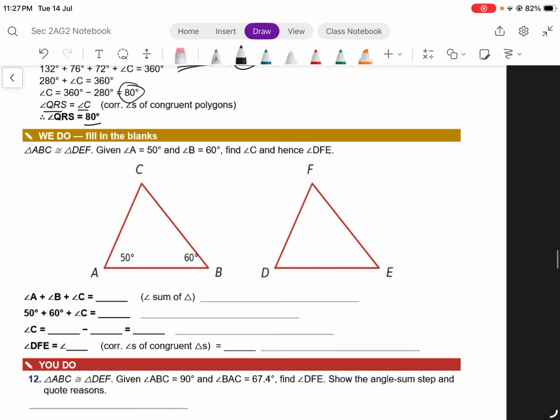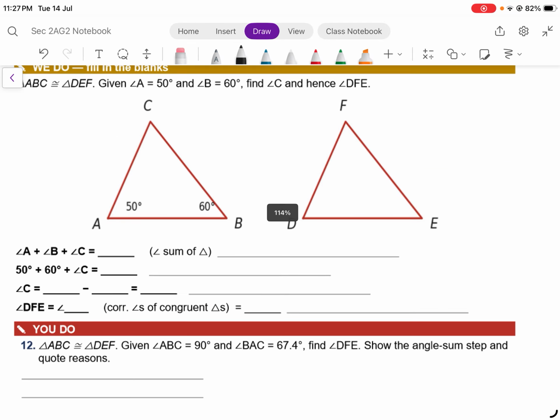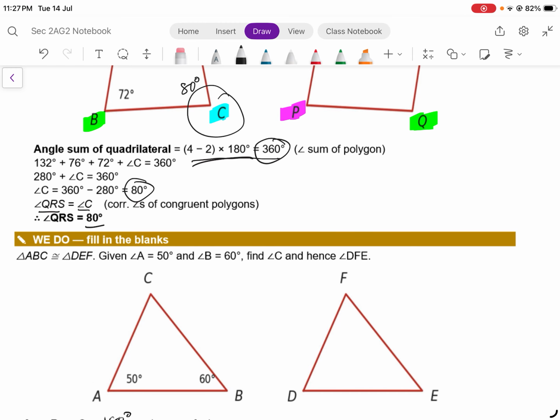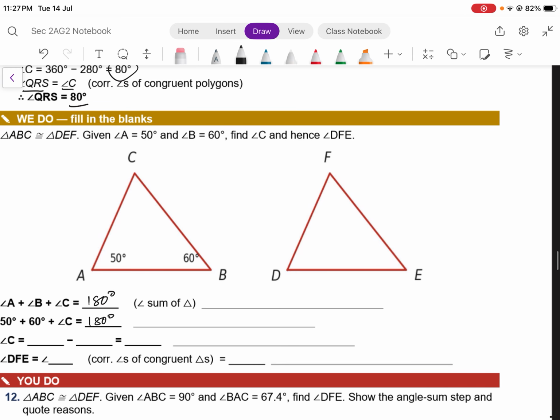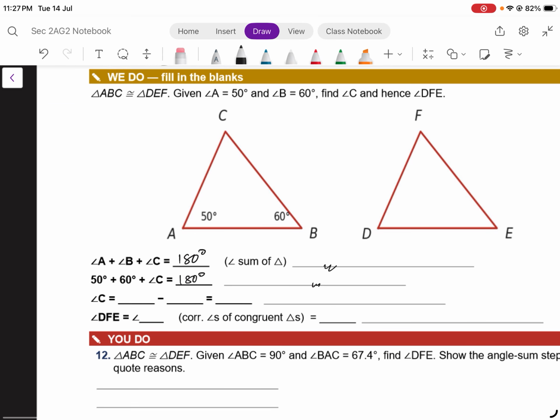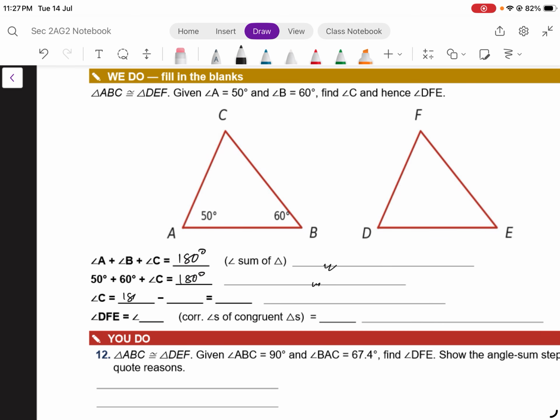Okay, next one. So same thing, sum of angles in triangle ABC equals 180 degrees. We know that A is 50, B is 60, equals 110. Okay, not sure what the line is for. I think never mind, just ignore. So we know that 180 minus 110 is 70 degrees.